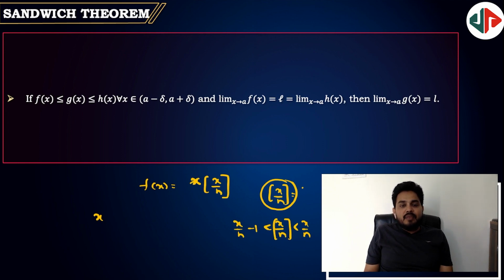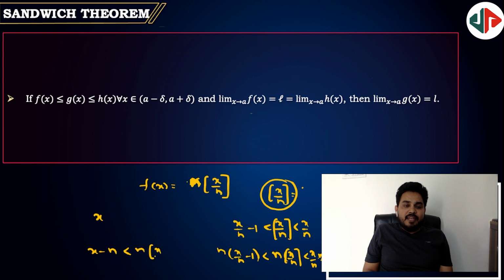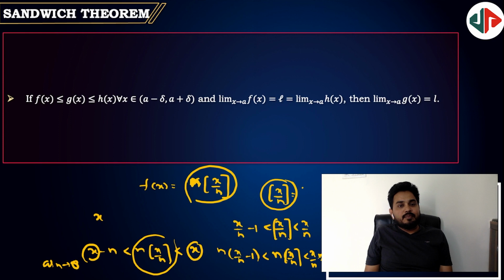Now, if I multiply by n, n into x by n minus 1 is less than n into step of x by n is less than x by n into n. So this is x minus n is less than n into step of x by n is less than x. So as n tends to 0, this value goes to x, and this value goes to x. So this value goes to x only.